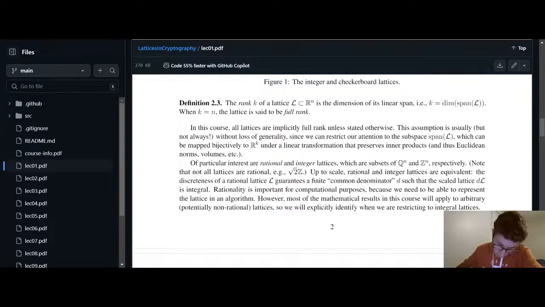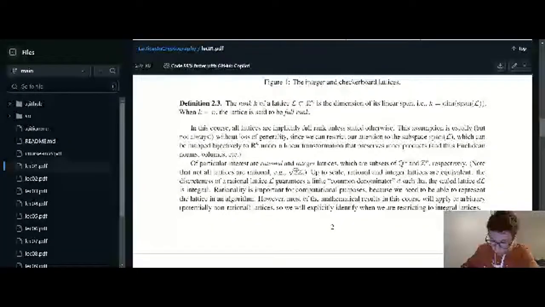Ah, the rank of the lattice is the dimension of its linear span. So it's the dimension of the span. So it's just, I guess, how much it spans, maybe. It says here. Cool.